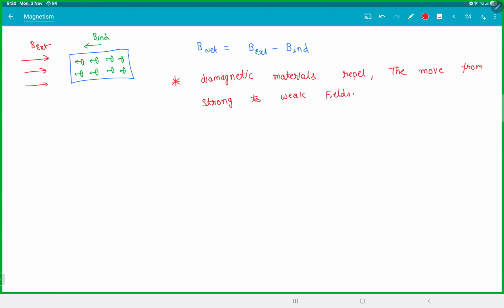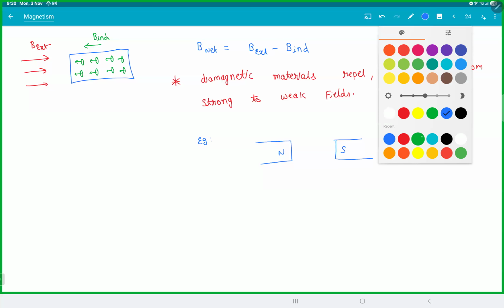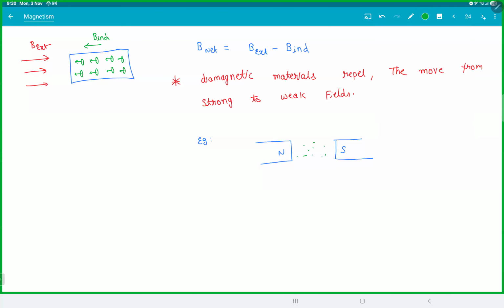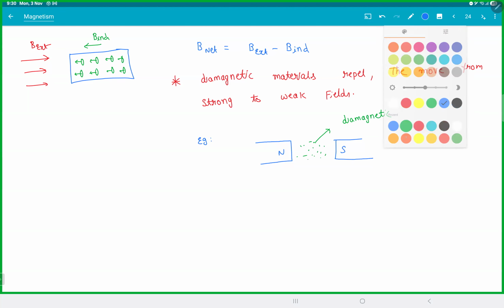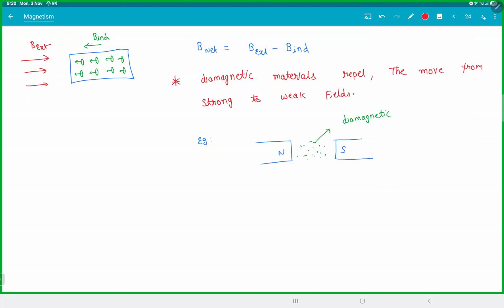So they'll frame questions like this. They will say, if you take two magnets, north and south, and if you dump some diamagnetic material here, powder or something, and if you leave them for some time, or if you disturb them a little, how will the shape form? Now understand, the magnetic field is strong near the poles.